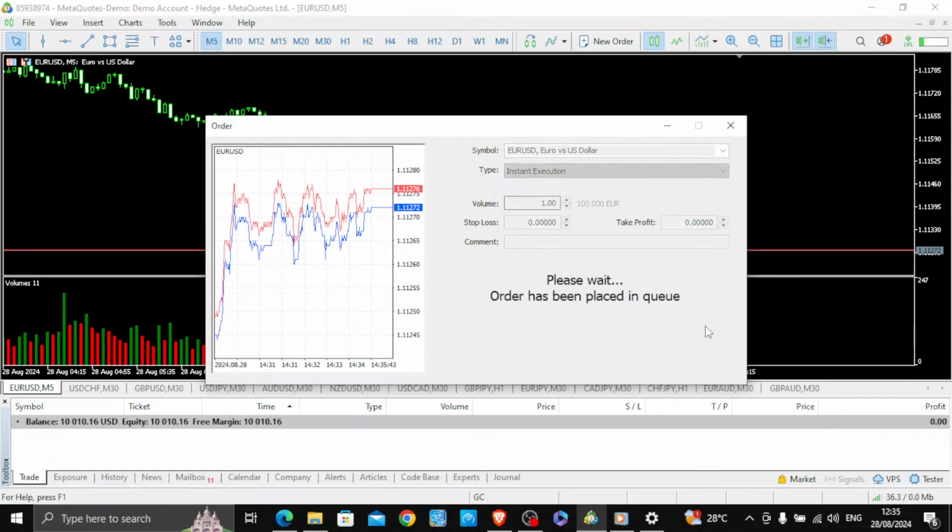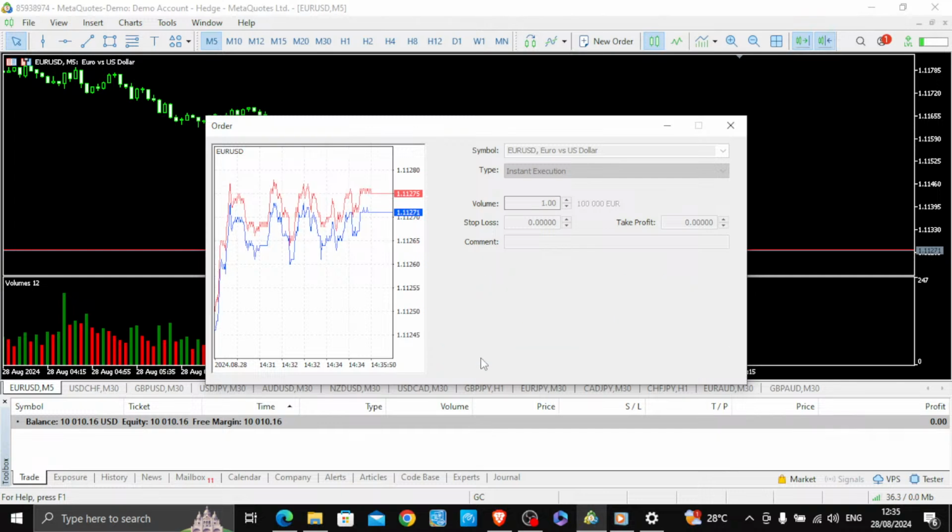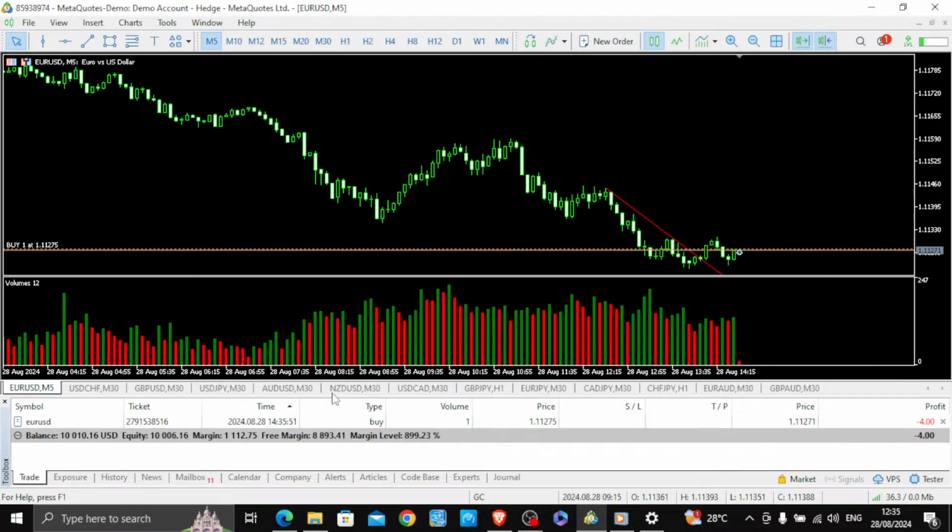I'm buying now. One standard lot means that each movement is equal to $10.